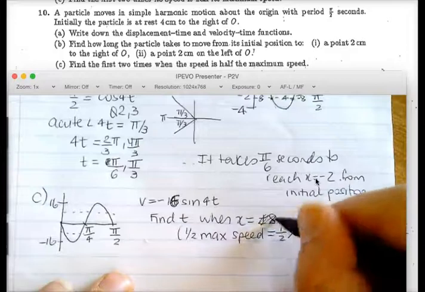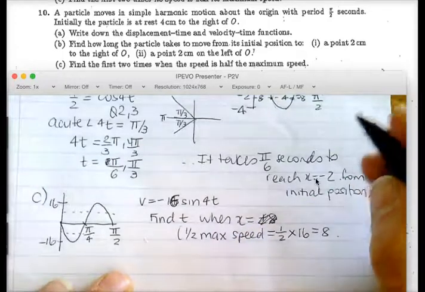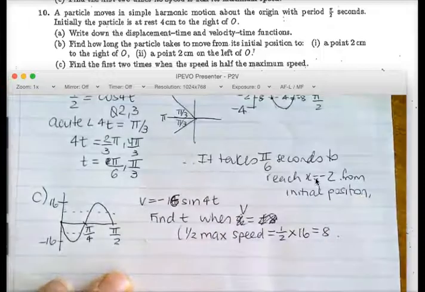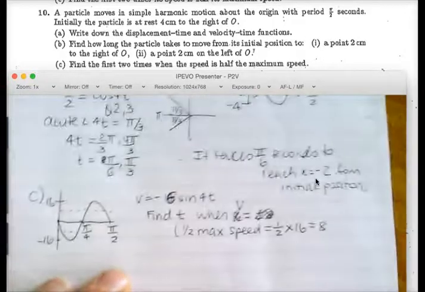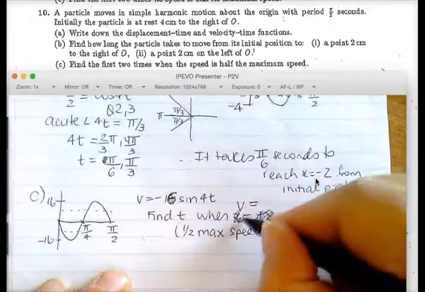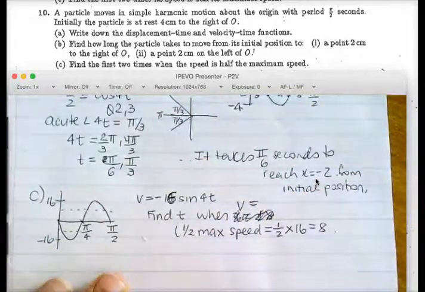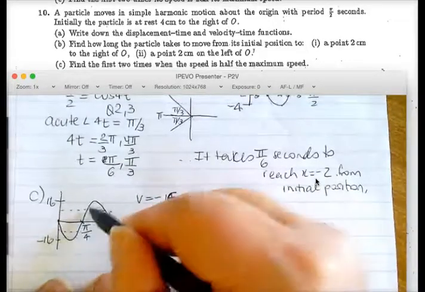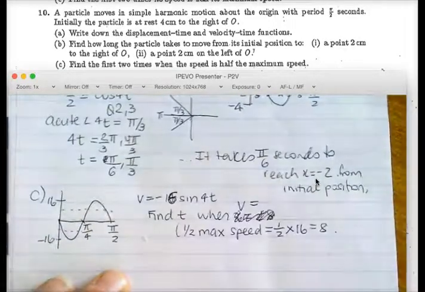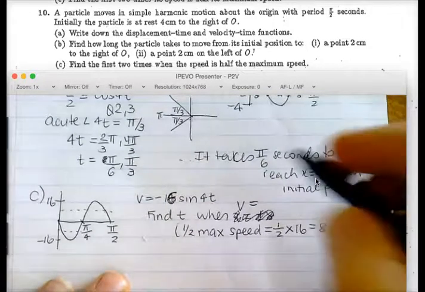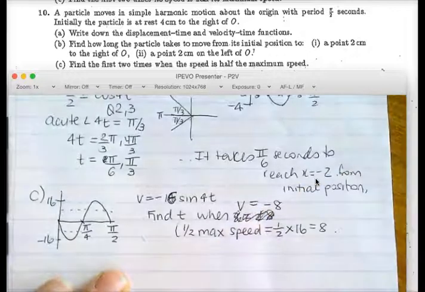So, find t, not when x, when v. What's wrong with me? Find t when v is, you can see it's negative 8. Because look, these are the first 2 times and they're the next 2 times and it's speed, so negative doesn't matter. We don't care if it's going left or right. So find t when v is -8.